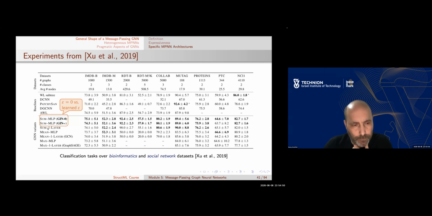First, you see that the one-layer MLP has good performance all in all. Highly comparable. Sometimes it is actually the winner. Also, you can see that GIN-zero, without the learned epsilon, actually performs consistently better than the one with the epsilon, which is interesting because it has more expressive power, but this is about learning, not about the expressive power.